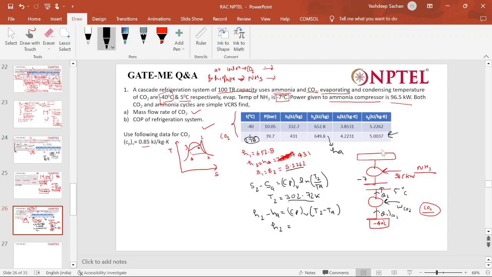So here temperature would be like 50 60 degrees Celsius, anything, because that data we are not requiring, that's why it is not given. So if it would be like minus 40 to 5 degrees Celsius, then one cycle is more than sufficient. Here this temperature range is very high, then we are going for the cascading system. Is it clear or not?